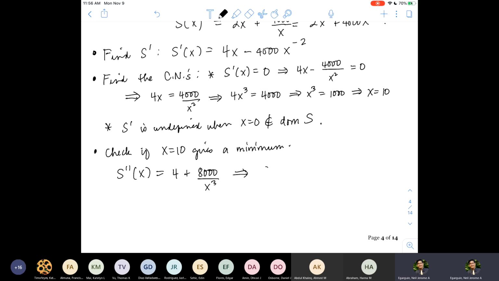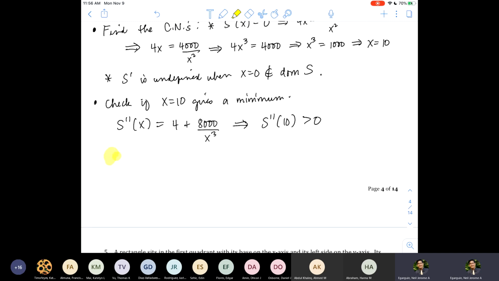But it's easy to see that if I plug in 10 here, I'll get a positive number, right? Because this would be positive, this would be positive, so I'll get a positive number. So we'll get a minimum.